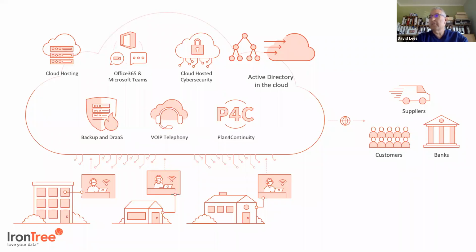So we obviously started as a company doing backup in the cloud. So the backup and then disaster recovery as a service. We changed our telephony to VoIP about 7 years ago. We host a lot of our database servers. So all of the stuff in the cloud you see there is stuff that we actually use ourselves, and in fact stuff that we promote and sell and support as well.